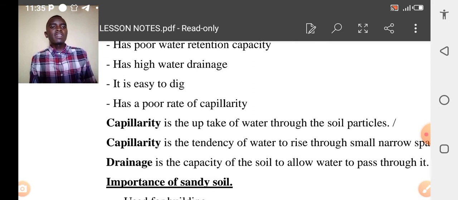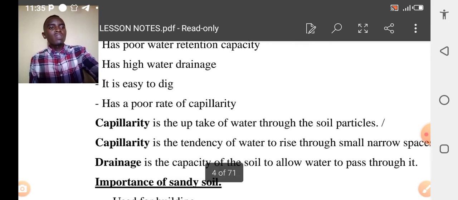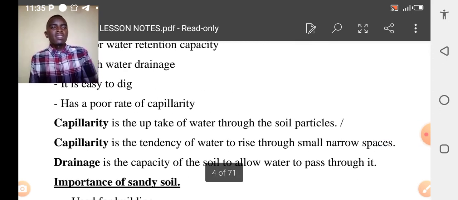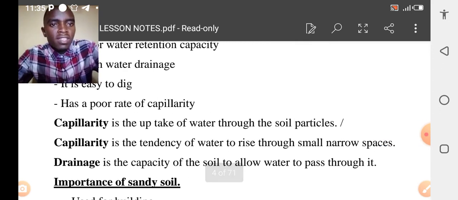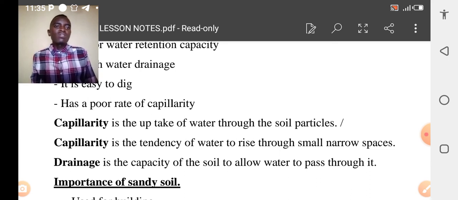When you see capillarity, it is the tendency of water to rise through small narrow spaces. And you can ask yourself, what is drainage?